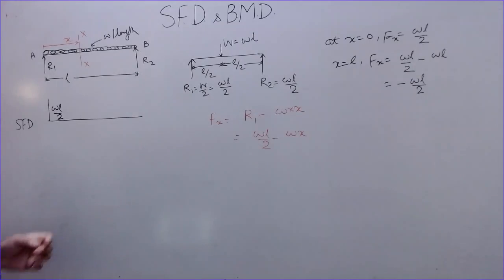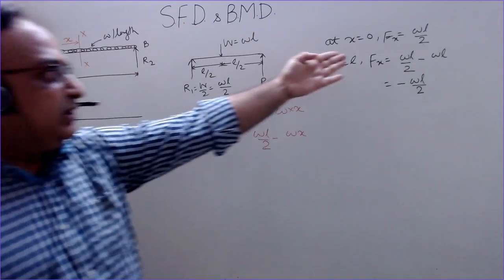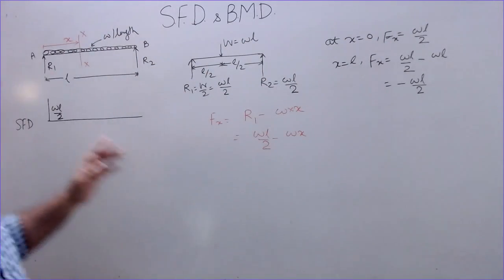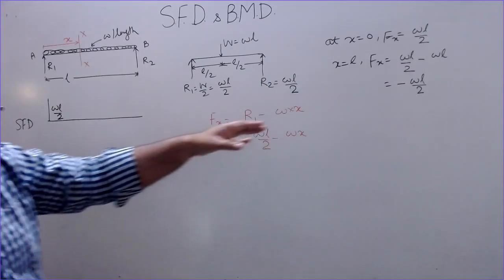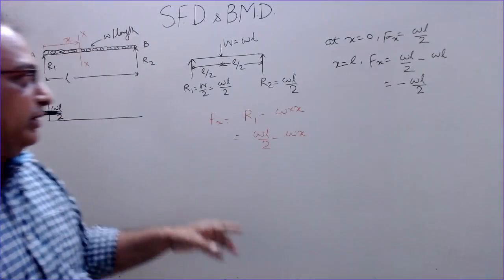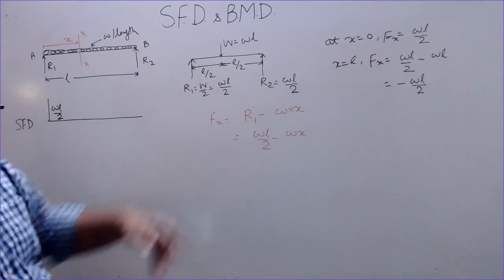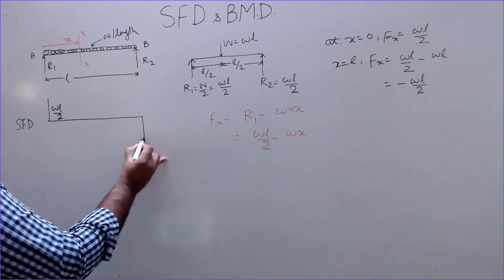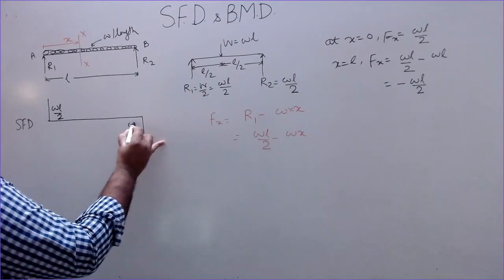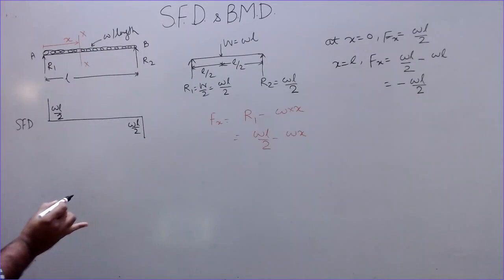So at x equal to 0, Fx is wL by 2, equal to the reaction here, wL by 2. This is positive. And if you put x equal to L, you will get Fx is minus wL by 2, equal to the opposite of this reaction here. So we have the shear force as wL by 2 with a negative sign.